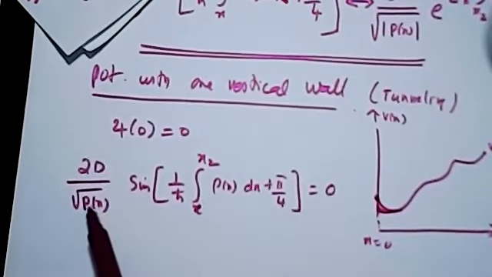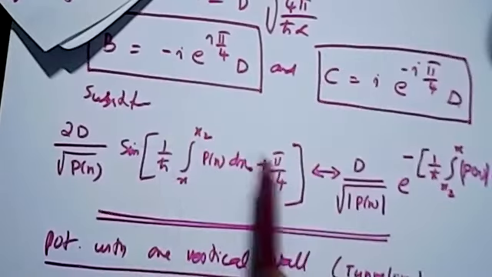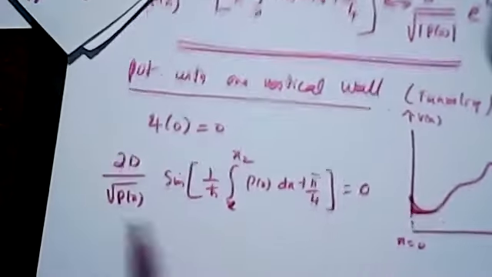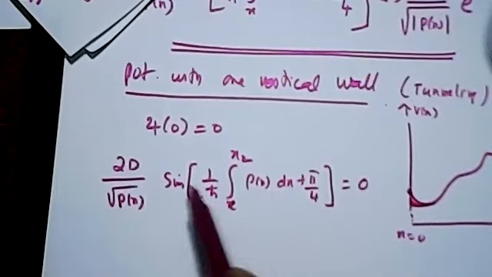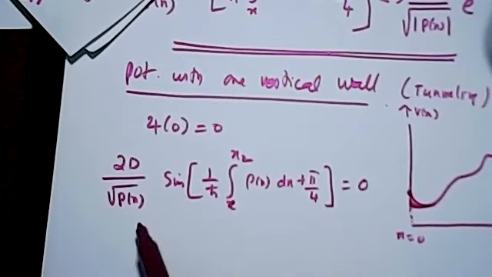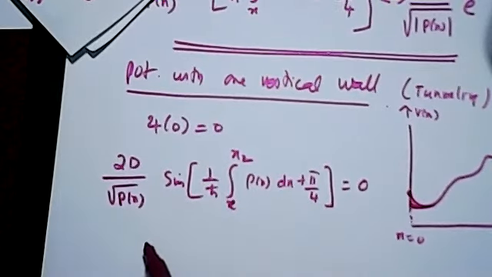Sorry, the left side of this expression is equal to 0. That means this term vanishes, then sine theta equal to 0 means theta equal to n pi.